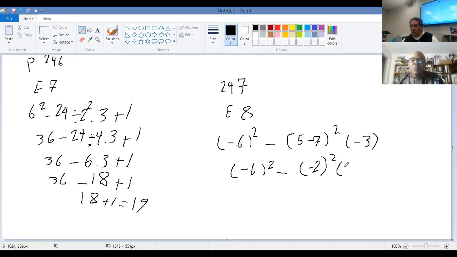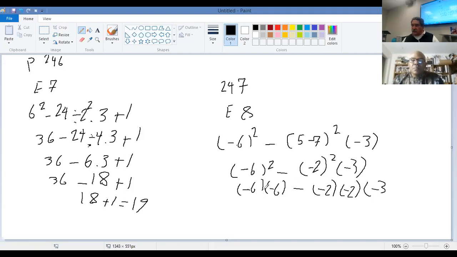Okay, times minus 3. Then I take care of the exponent. (Minus 6) to the power of 2 is minus 6 times minus 6, minus (minus 2) to the power of 2, which is minus 2 times minus 2, times minus 3.